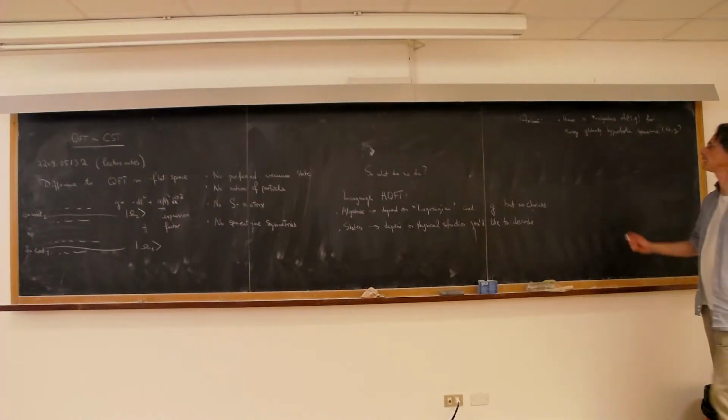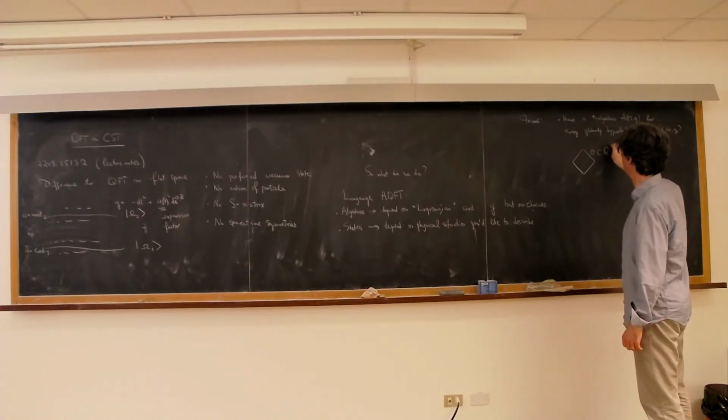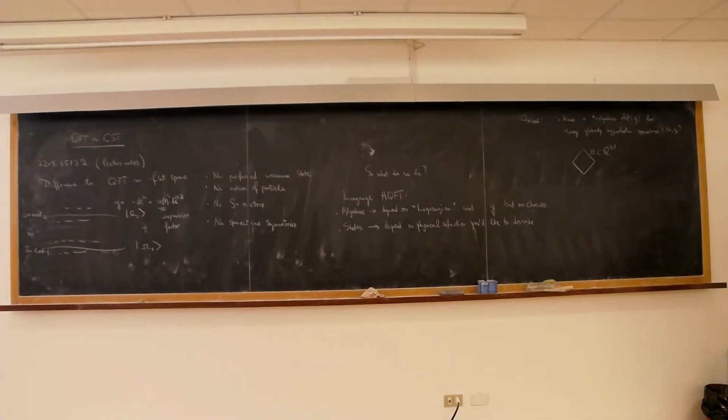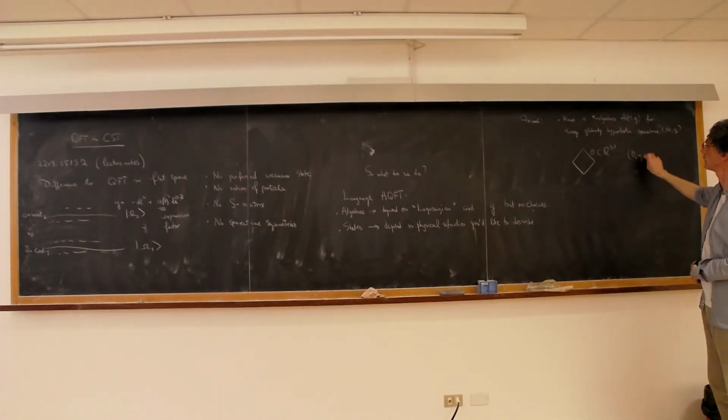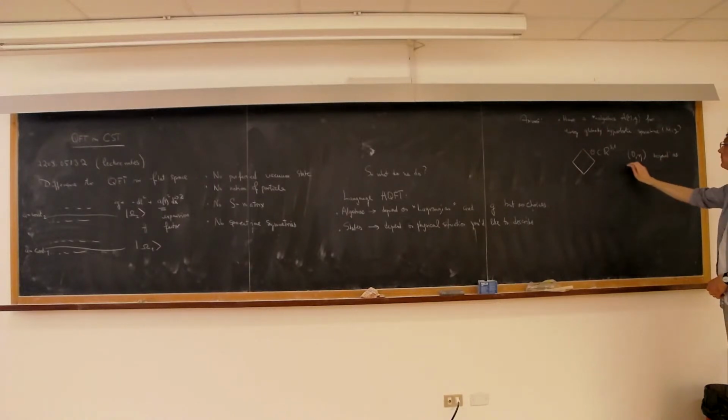Well, the idea is simply that if you have a region in Minkowski space, a causally complete region like a diamond, then you take the viewpoint of general relativity, where you regard this region with the flat space-time metric as a space-time in its own right.